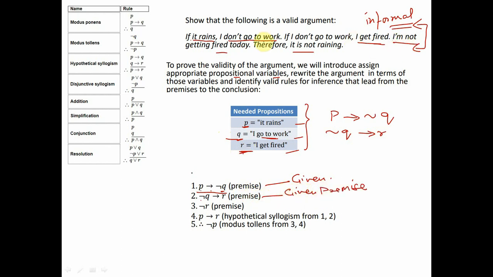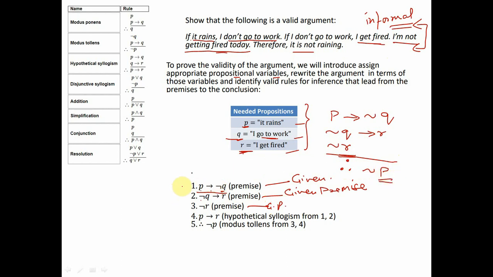I am not getting fired today, or I do not get fired. So the third premise is negation of R. So this is once again a given premise. And what is the conclusion? It is not raining. The conclusion that we have to verify is, it is not raining, negation of P.